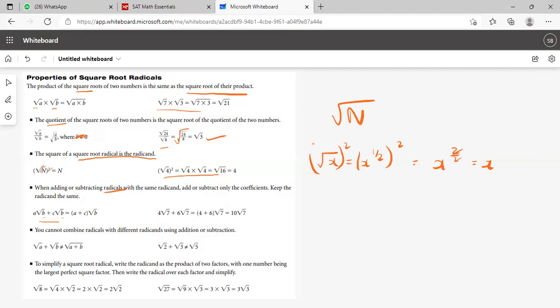These two numbers are two radicals, and the radicand is b in both cases. So we simply add these a and c, and write down the radical as it is. Again, this is an example. The radicand is the same. Under root 7 would come as it is, but 4 plus 6 would be added. Okay, is it clear?